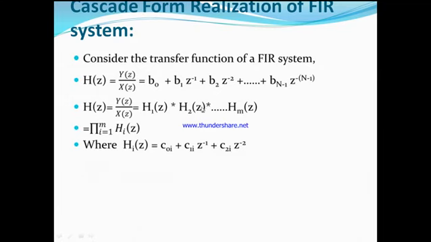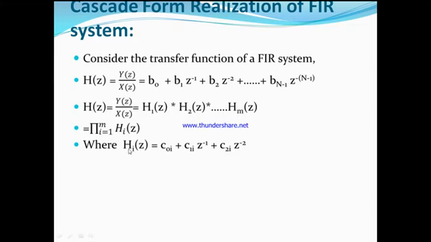This polynomial can be factorized into first and second order factors, and the transfer function can be expressed as the product of the first and second order factors. So we can write H of z equals Y of z divided by X of z equals H1 of z into H2 of z up to Hm of z. This equation can be written as the product, i equal to 1 to m, of Hi of z.